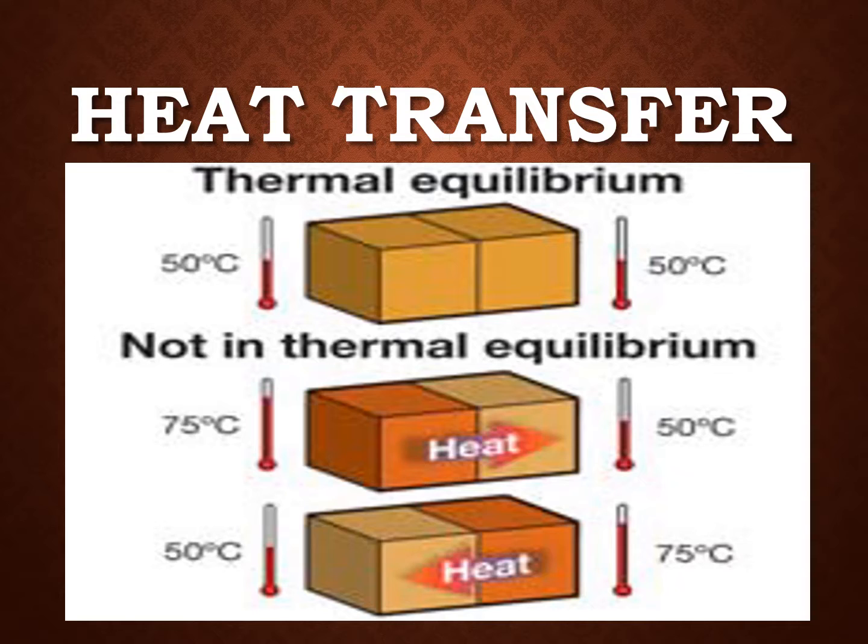We have one in thermal equilibrium, obviously because both are at the same temperature, so there is no heat flow. As opposed to the ones on the bottom. So we have something that goes from 75 to 50. We have high to low, and you'll see these diagrams a lot throughout the thermodynamics section and through tests or quizzes.